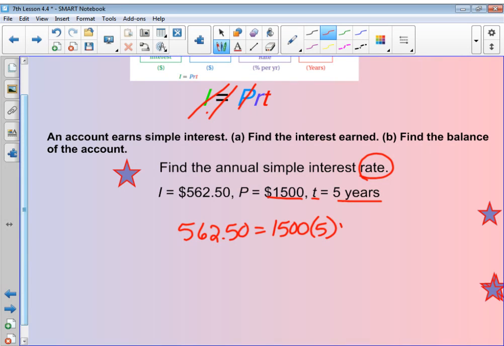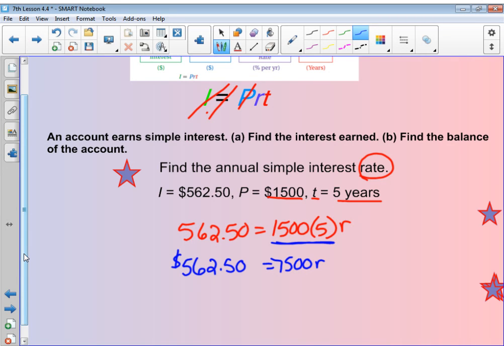And now I'm going to put the R in the back end. Our next step, we want to simplify. So 1,500 times 5 gives us 7,500 times R equals 562.50.